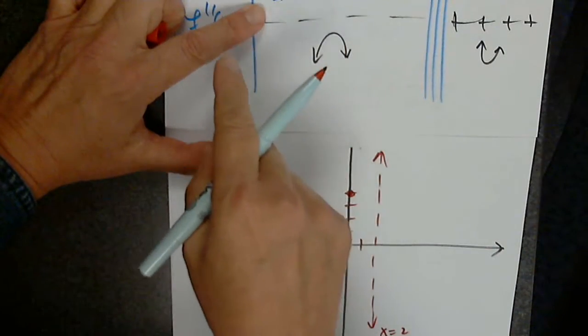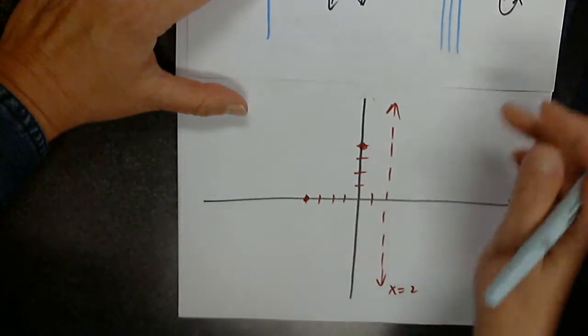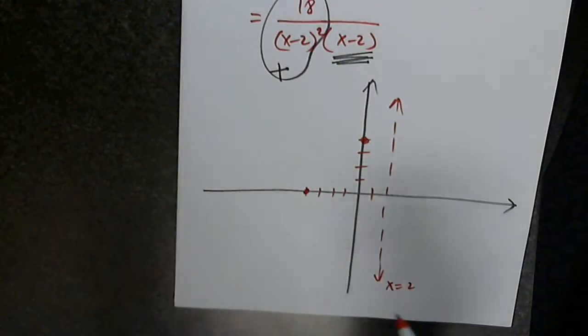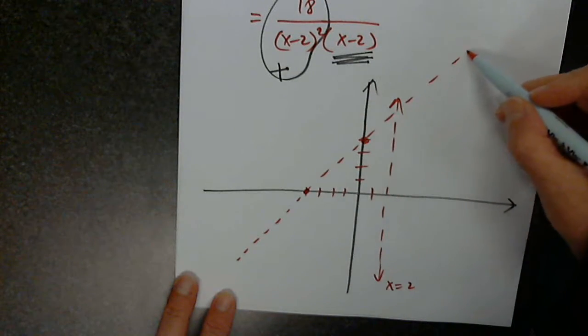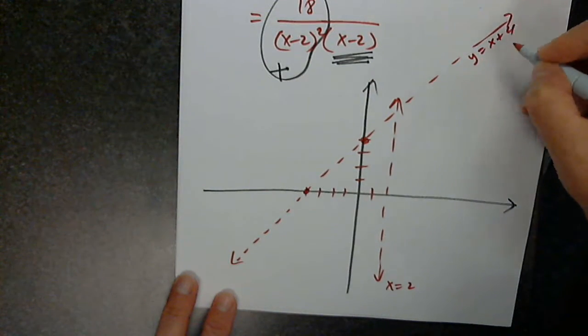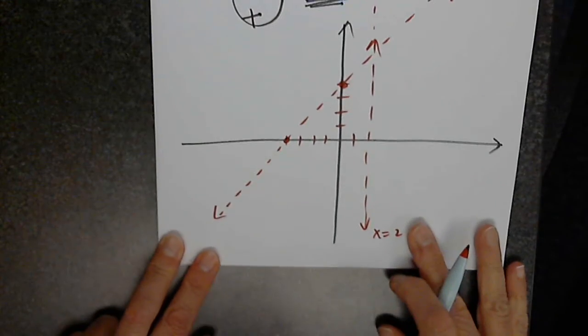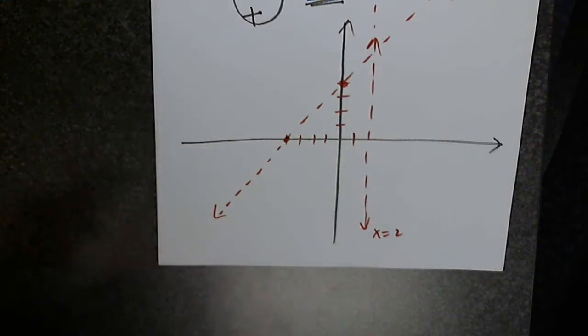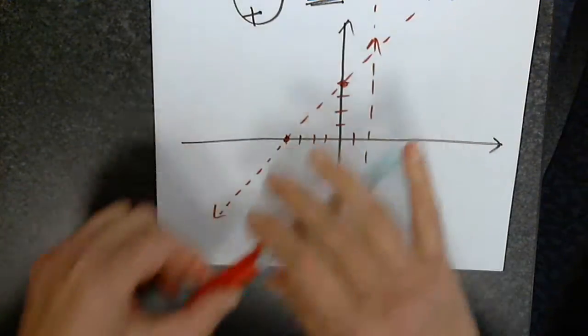When y is 0, x is negative 4. Two asymptotes, the slant and the vertical.